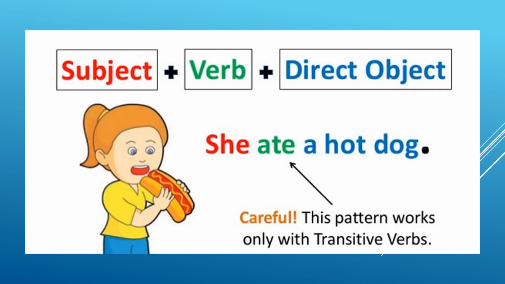Now see the next example. She ate a hot dog. She is the subject, ate is the verb, and the action is done on a hot dog. So the hot dog, you can see, is a direct object.